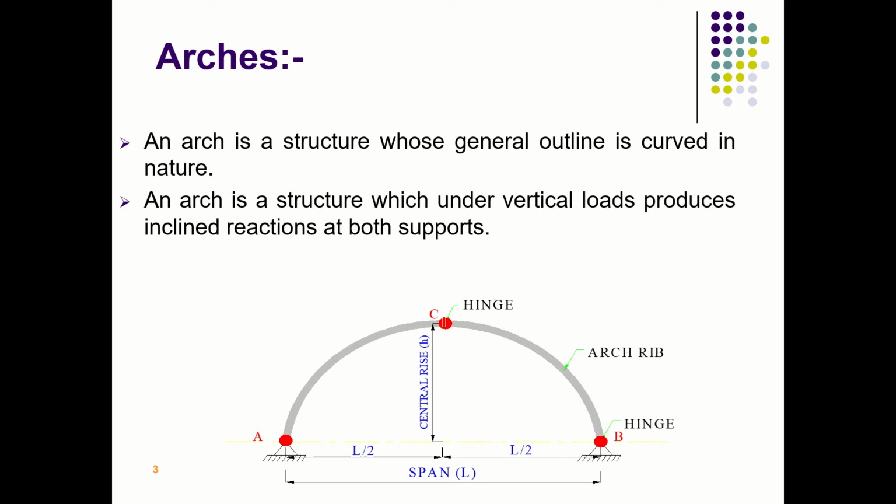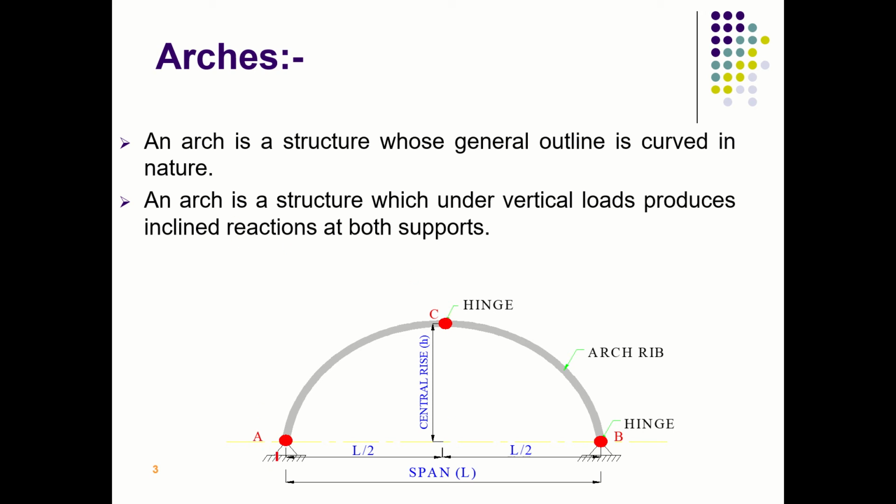The point C is the center of the arch horizontally, and it is the central rise, the maximum rise of the arch vertically. And this is also a hinge. Why it is a hinge, we will discuss in detail. The distance of point C from A and B is equal, and that is half of the length, so it is in the center horizontally.